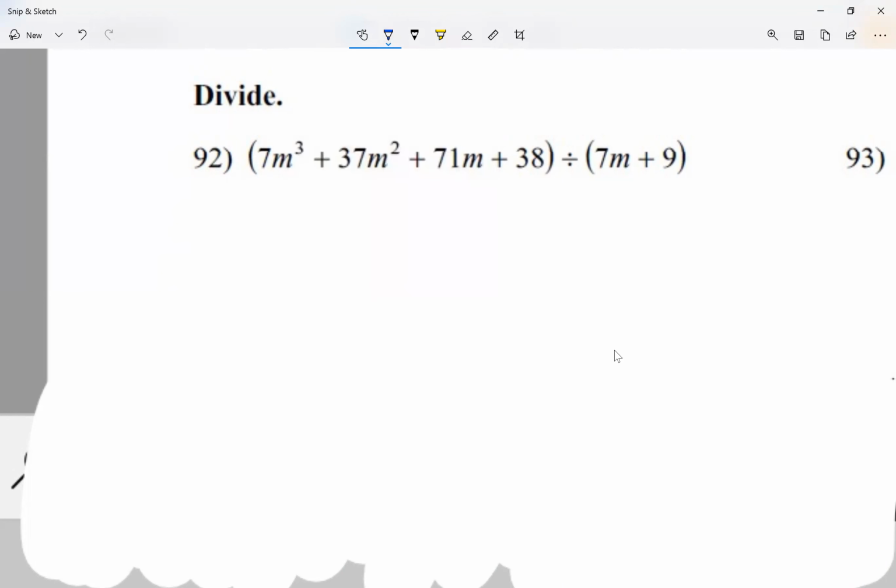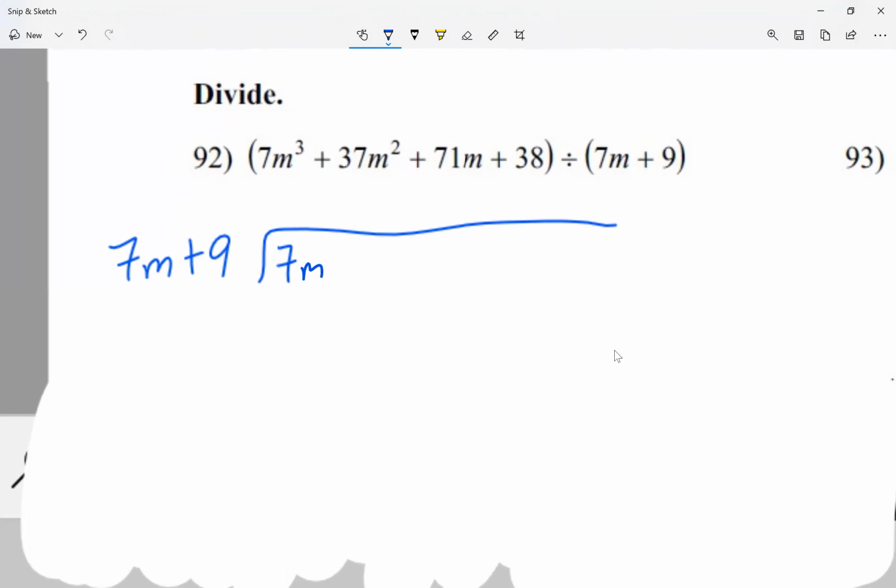What I'm going to do, I'm going to write 7m plus 9. And this is going to divide into 7m to the third plus 37m to the second plus 71m plus 38. Make sure you're not skipping any exponents, neither inside nor outside, right?